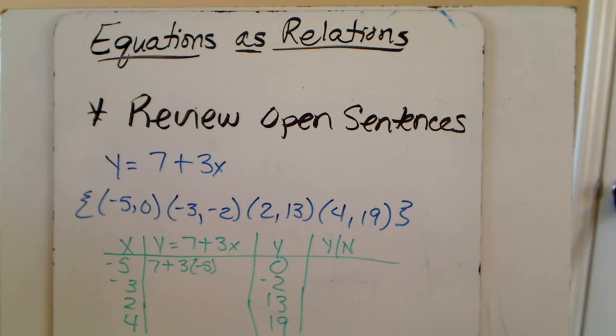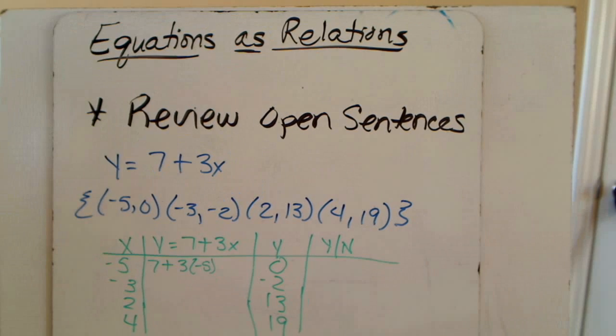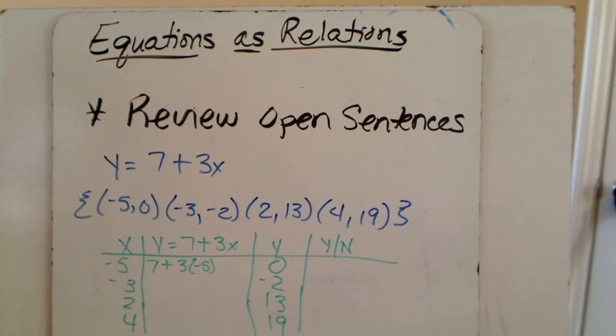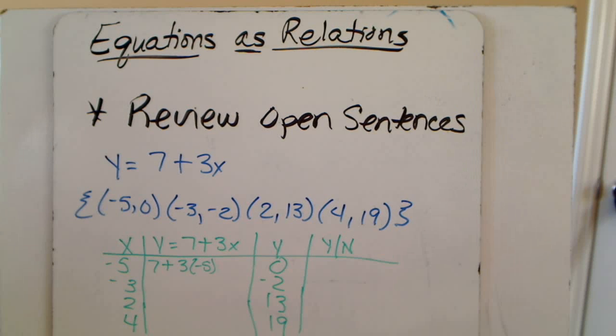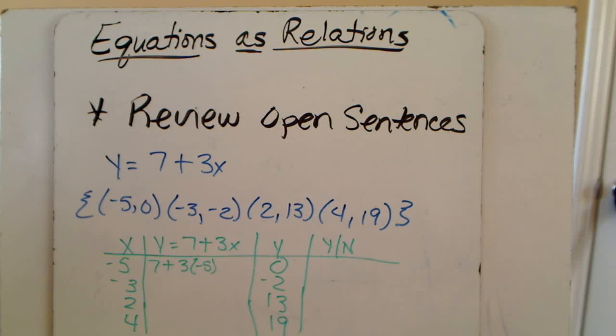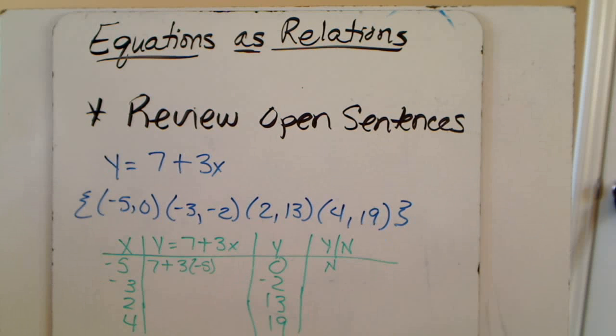In this case, it actually does not. 3 times -5 is -15, and then -15 plus 7 gives me -8. -8 obviously is not equal to 0. So this one right here would be a no. That one did not work.